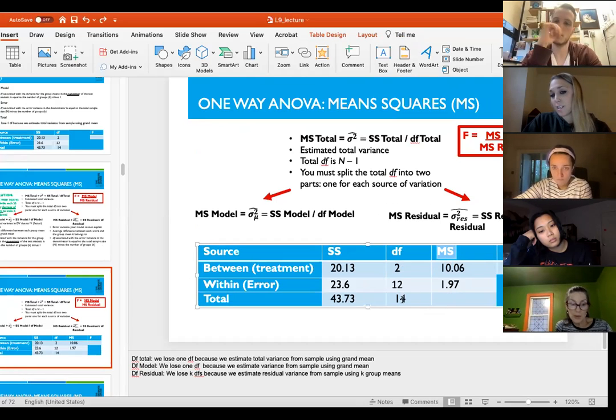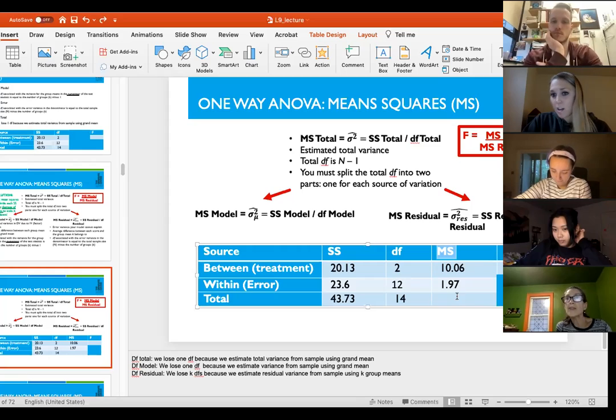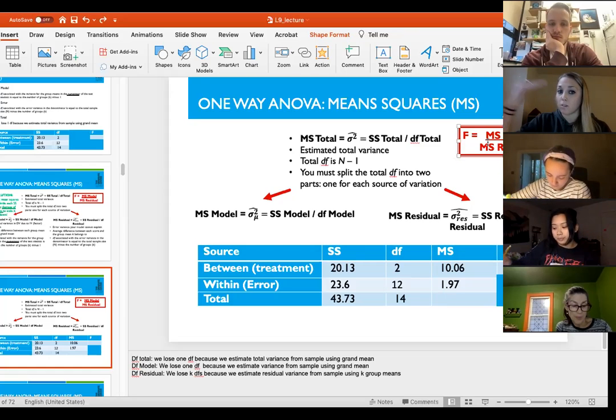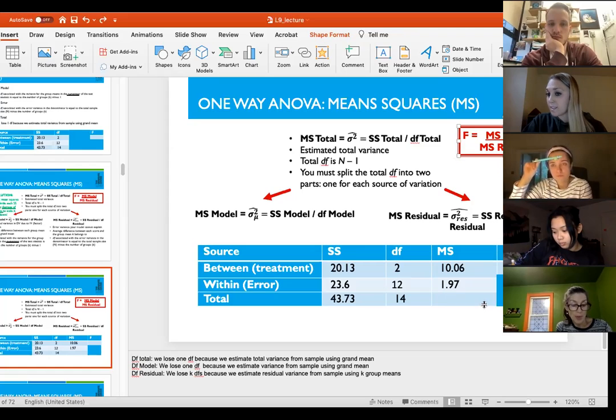Now I'm not so interested anymore in our total column. This is really just a sanity check. So we don't have to do it for total, because what we're trying to get to is this F score, where we're dividing the model by the error. So total actually isn't going to play into this. So we don't have to calculate mean square down here. You can, but you don't have to.